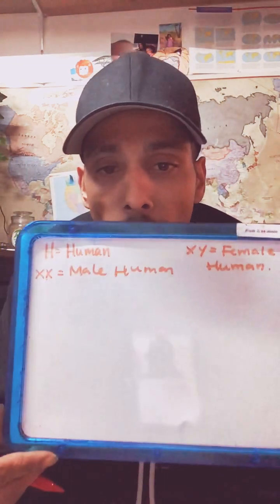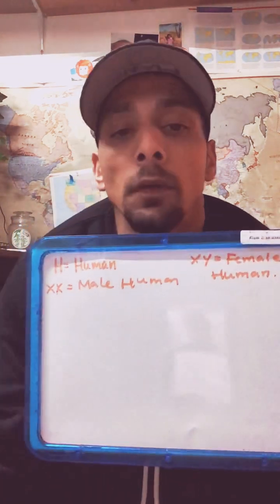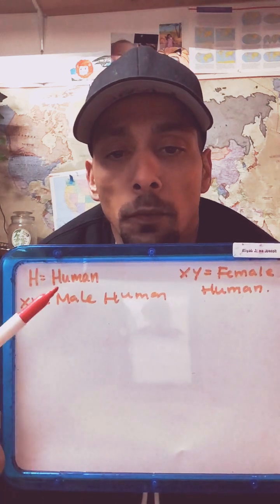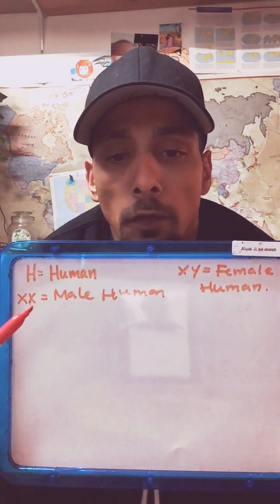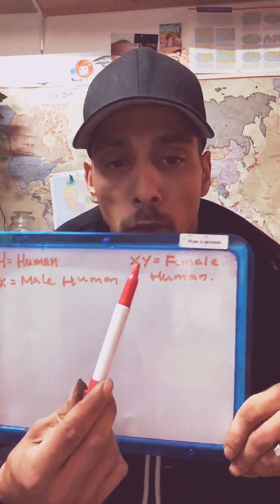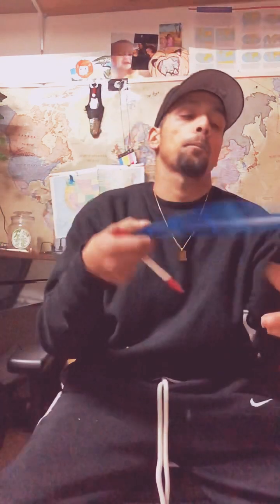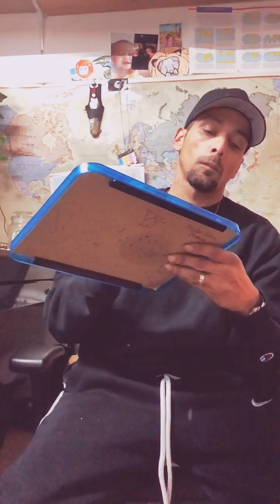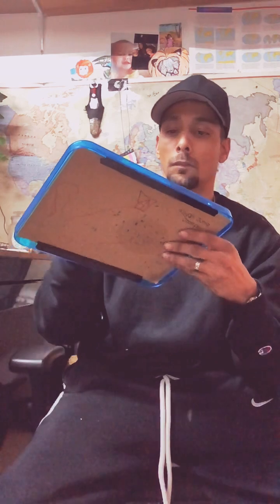Alright. For the next part, try to jot this down. It's not that hard. Basic. H equals human. XX equals male human. XY equals female human. Okay?